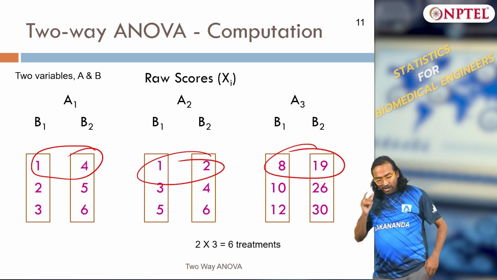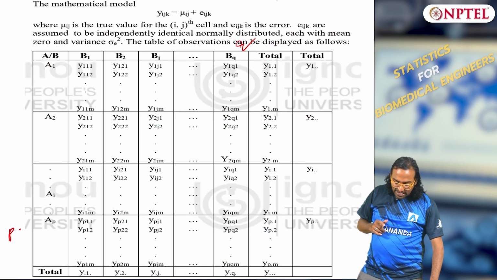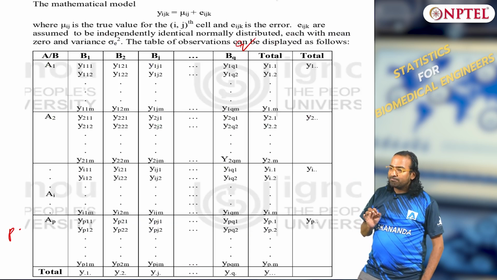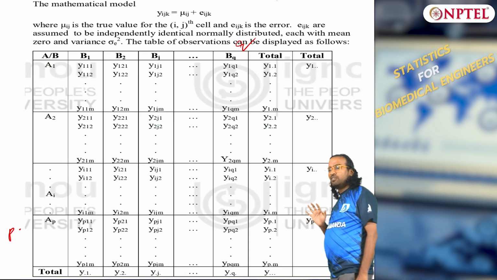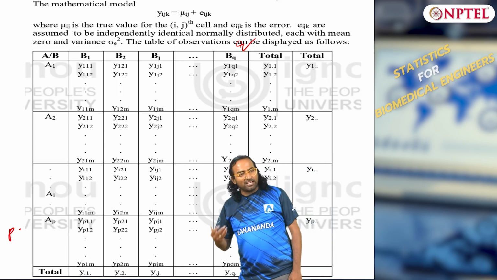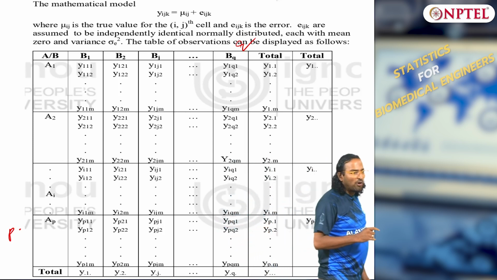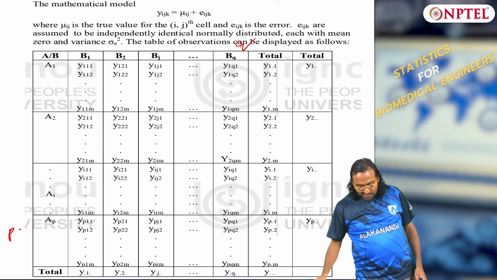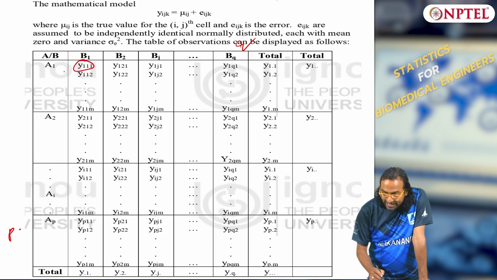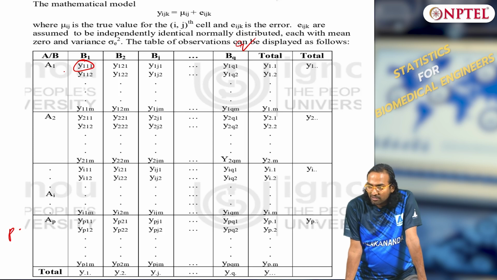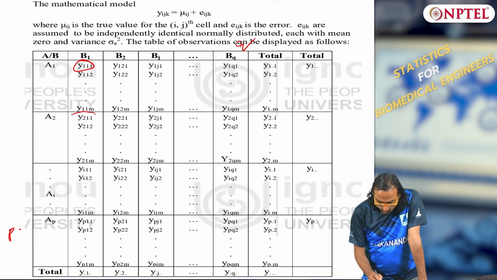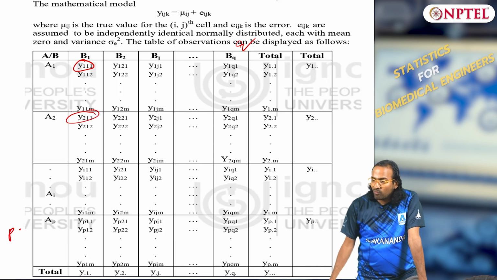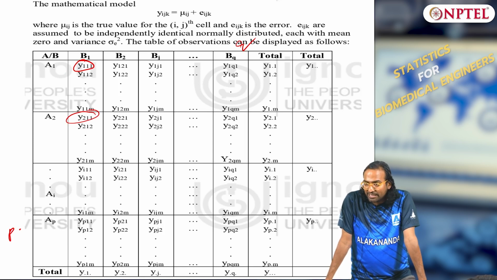So I am going to have 3 indices I, J and K. I is for A, J is for B and K is for replicate. To give you an idea, Y111 indicates A1 B1 first replicate. Y211 is A2 B1 first replicate.